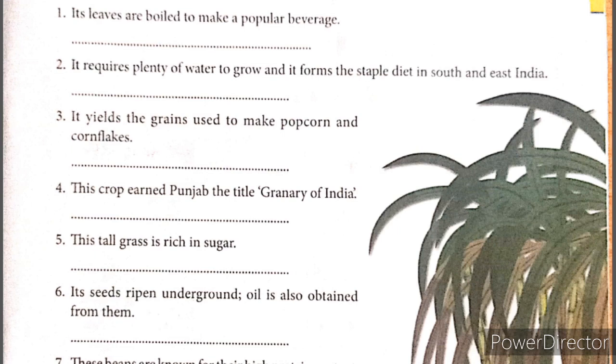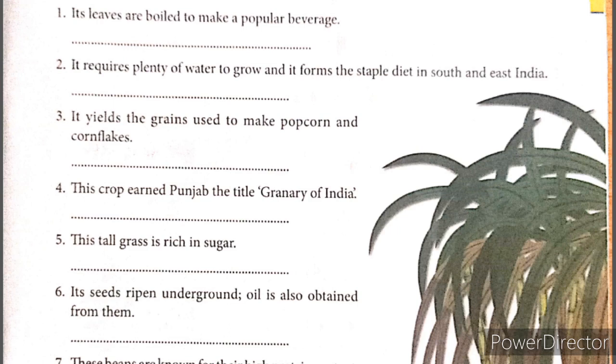Now the fourth number, this crop earned Punjab the title called Granary of India. So granary means here the people, the grain like this you can say, most of the people are eating that thing that is called wheat.